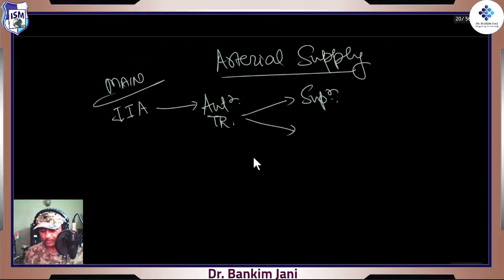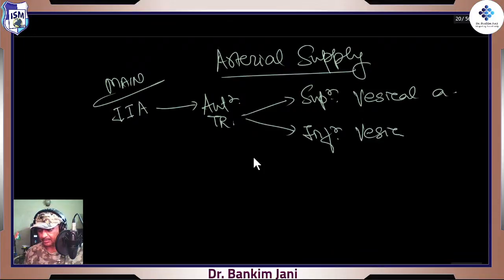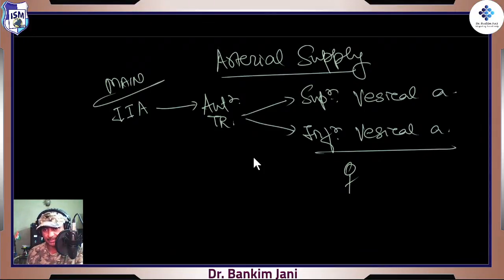That is the superior and the inferior vesical artery. Correct? Vesical artery. And in case of females, that would be the uterine arteries. So they are for this arterial supply.